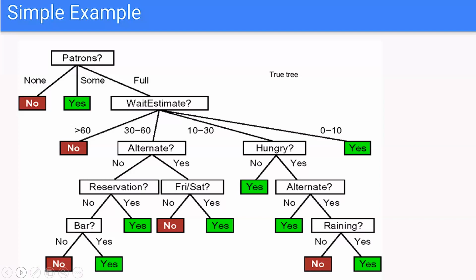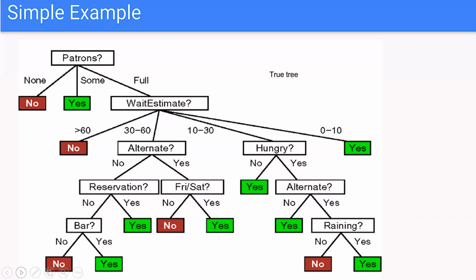If there is no bar, then we will not take that restaurant. If there is a bar, we might take that restaurant. If there is a reservation, then we might take that restaurant. If it's Friday or Saturday, then no. If it's Saturday, then yes. If we are hungry, then yes. If we are not hungry, we'll wait for the restaurant.